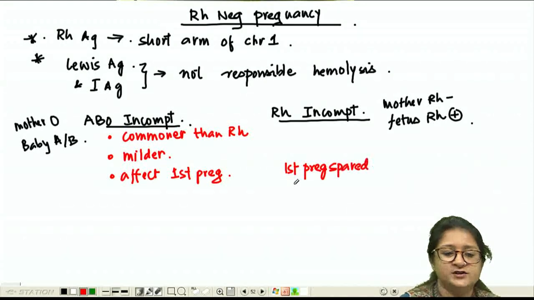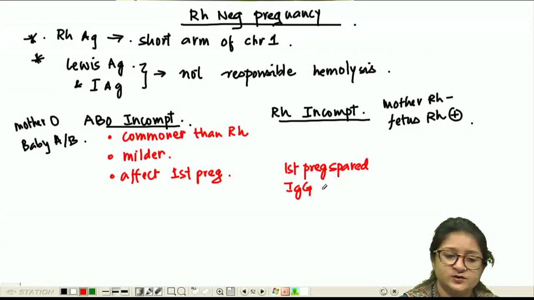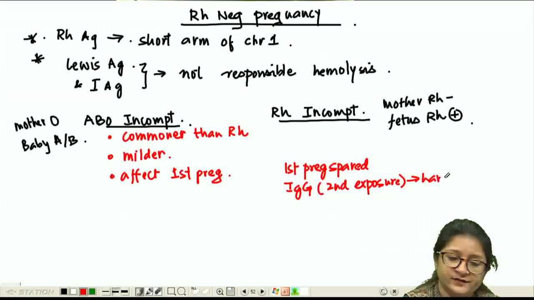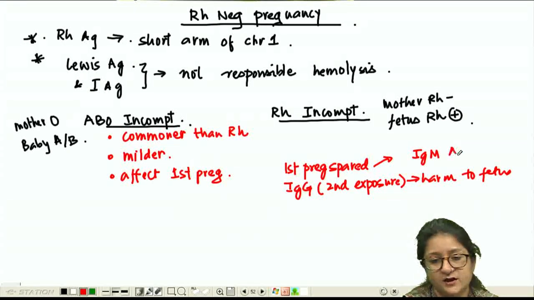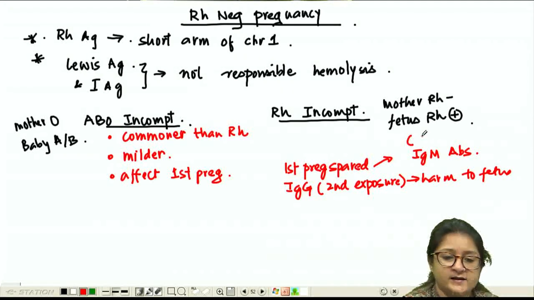Why? Because it is the IgG antibodies formed in the second exposure, or the second pregnancy, that cause harm to the fetus and hemolysis. The first pregnancy is spared because in the first pregnancy IgM antibodies are formed, which do not cross the placenta and do not harm the baby.